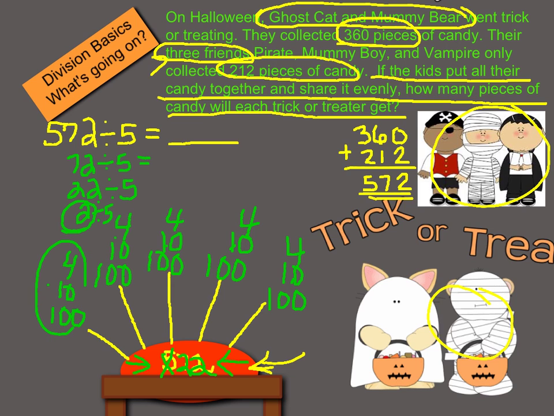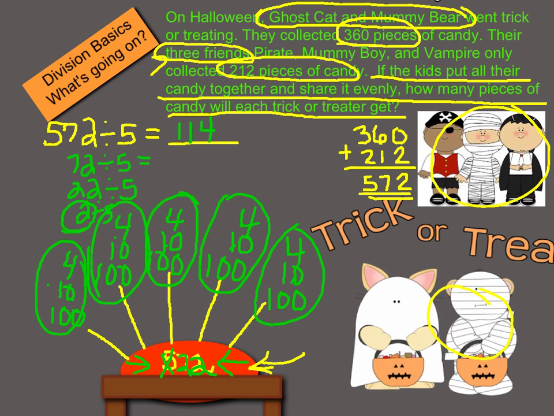We have one trick-or-treater getting 114, another getting 114, another getting 114, and another getting 114. So the answer to my problem is that 572 divided by 5 is 114.